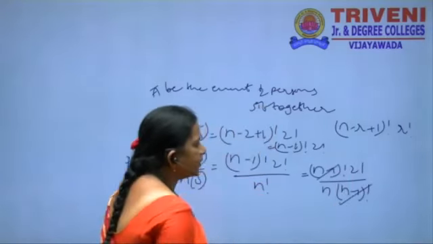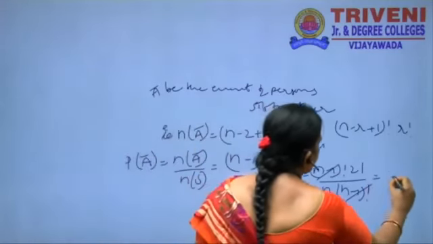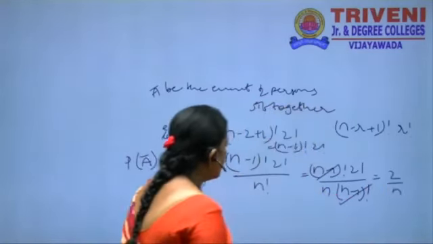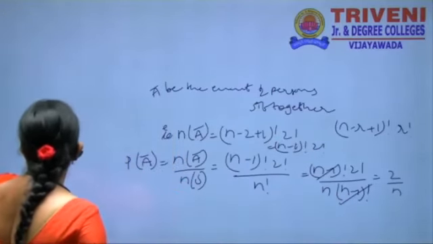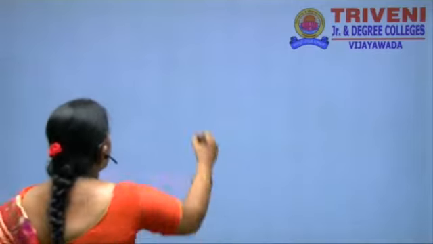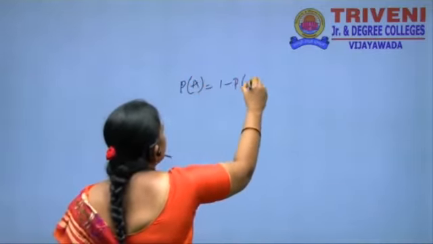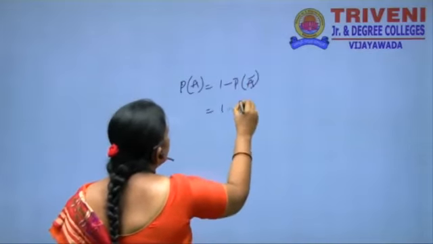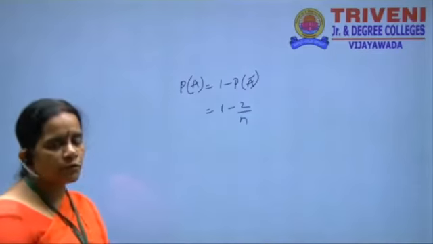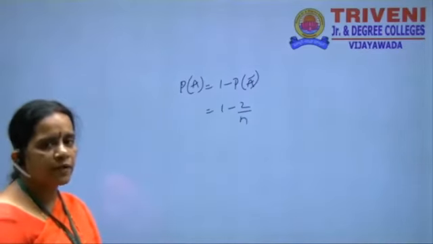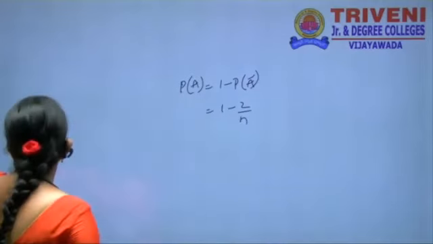N minus 1 factorial, n minus 1 factorial get cancelled here. What we get here? 2 by n. But this value is P of A bar, and we have to find the value of P of A. P of A is equal to 1 minus P of A bar. That is equal to 1 minus 2 by n. Then the probability that two particular persons never sit together is 1 minus 2 by n.